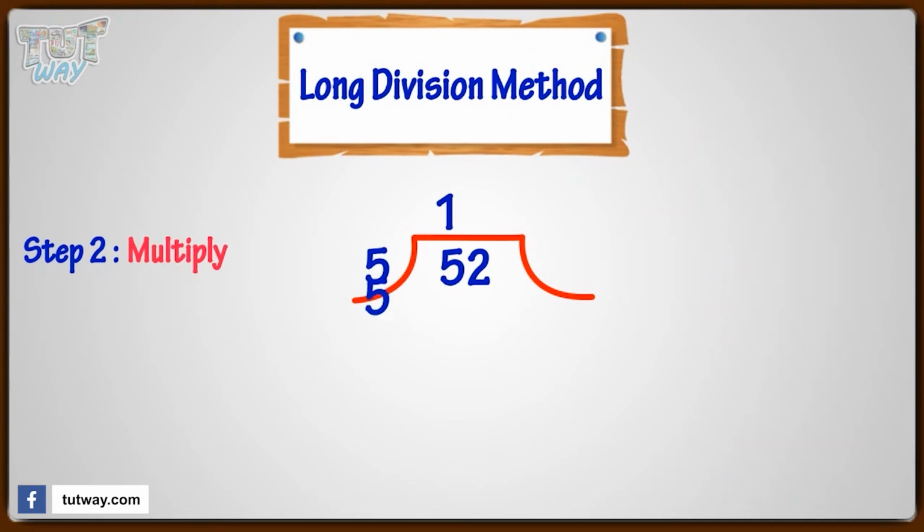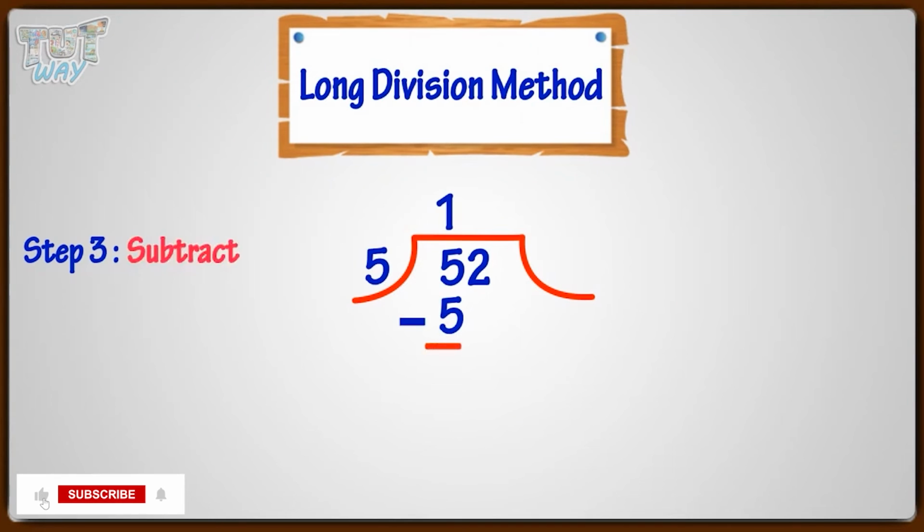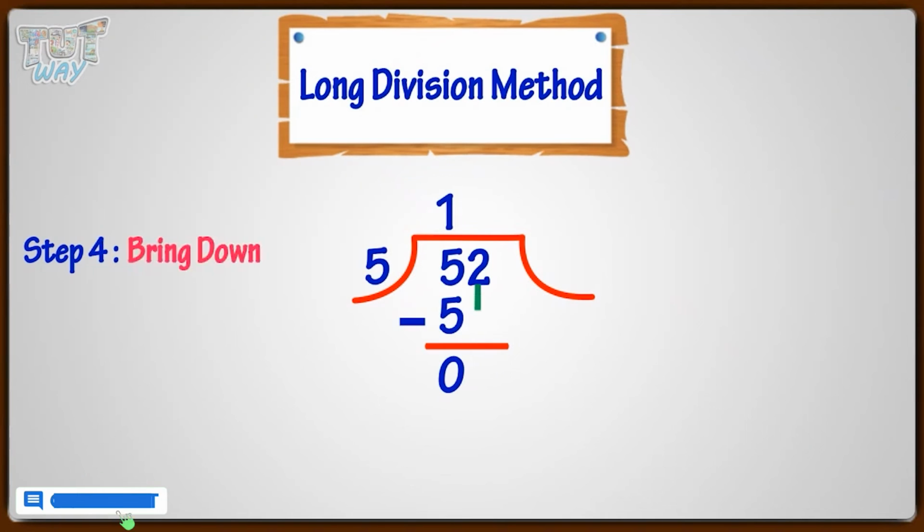Now multiply 5 with 1 and write the multiple below. Now the third step is subtract. Now subtract and write the difference below. Now fourth step is bring down.